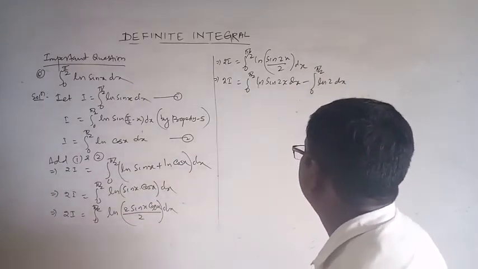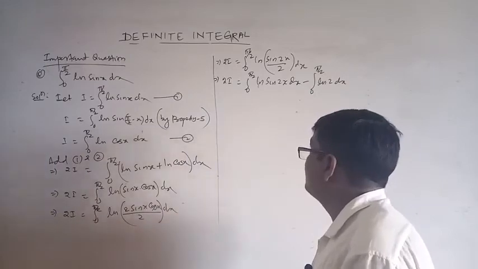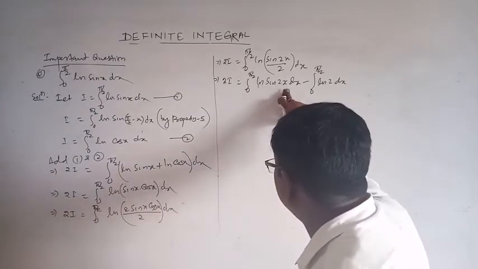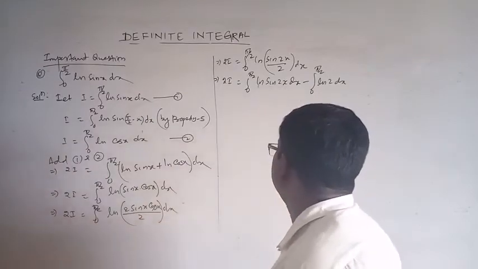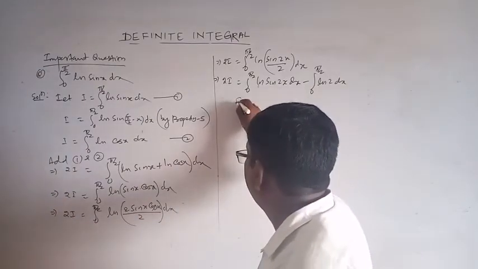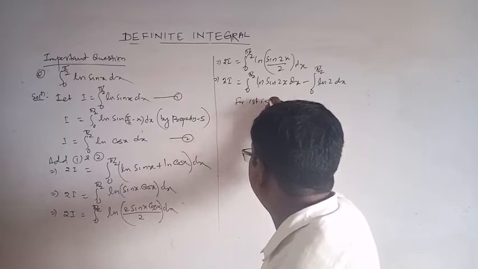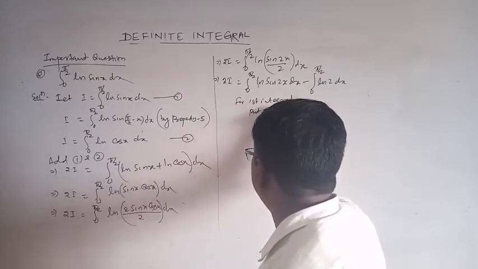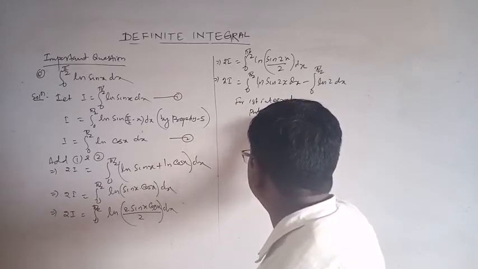So what happens here? This is in 2x form and this is log sin x. So for the first integral, put 2x is equal to t, which implies 2 dx is equal to dt.